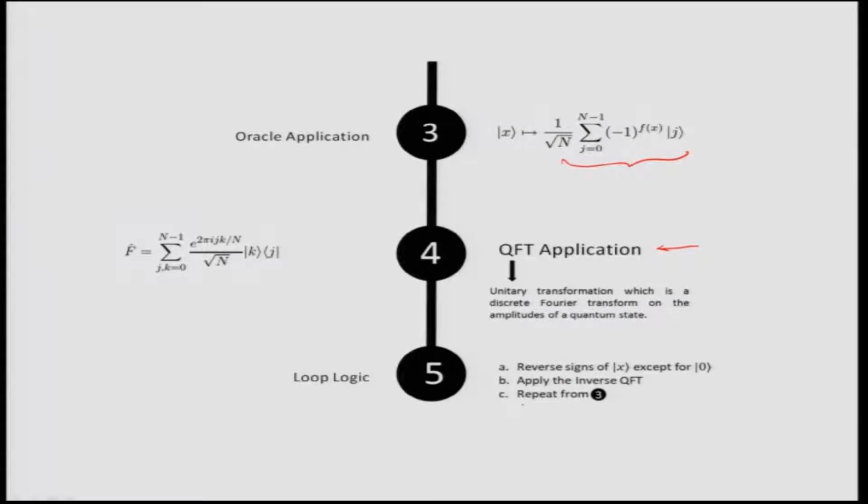And finally, we can go through a loop where the oracle and the QFT keep on applying on each other. Before doing that, however, we would be reversing the sign of the quantum state in question and then keep on applying the inverse QFT. And in this particular loop approach, it is possible to get the marked signal to be amplified, and that is the basic point here in terms of doing the Grover search.